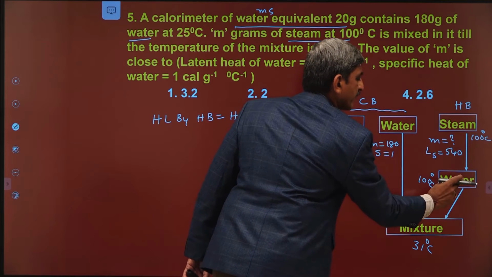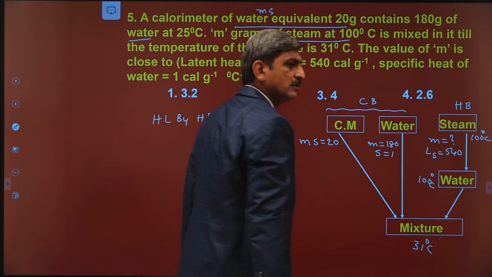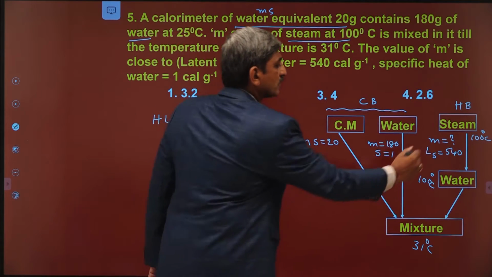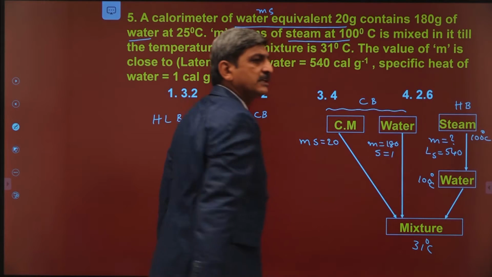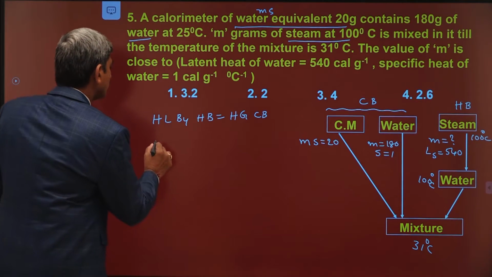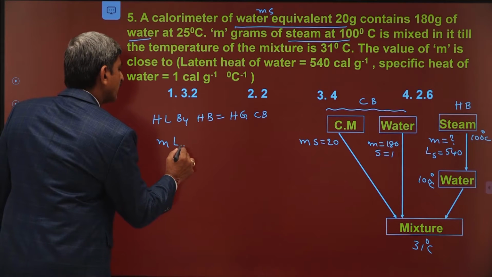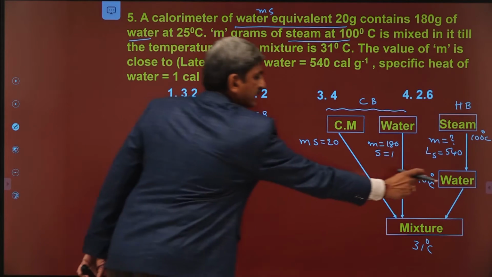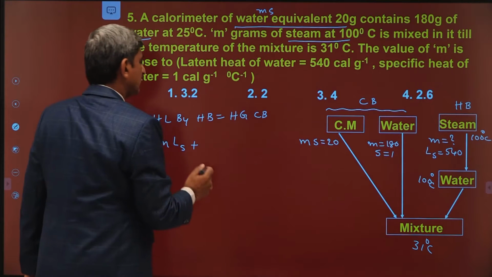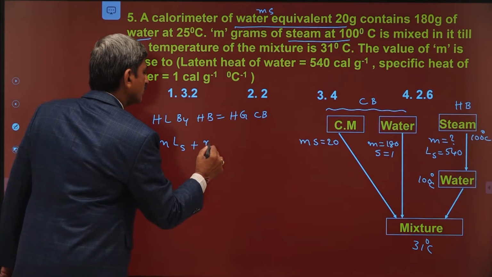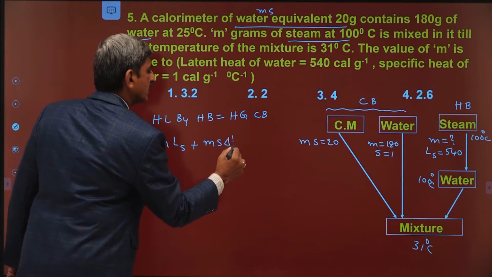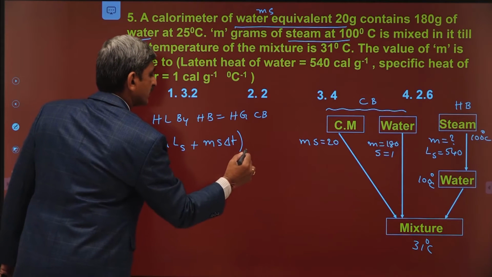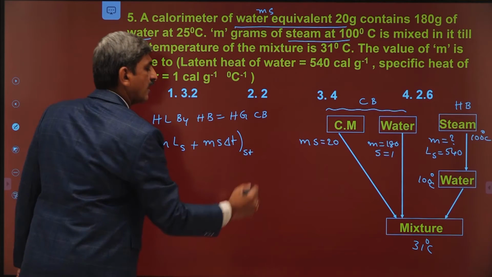After that, the temperature of the water changes from 100 to 31. So, for the change of state, the heat lost is equal to m times the latent heat of the steam, plus for the change of temperature, the heat lost is equal to ms delta T. This is for steam, the hot body.